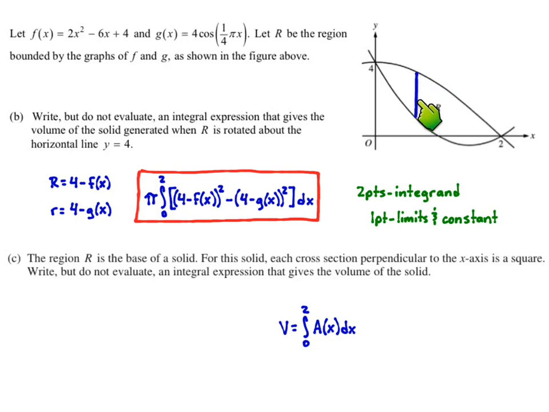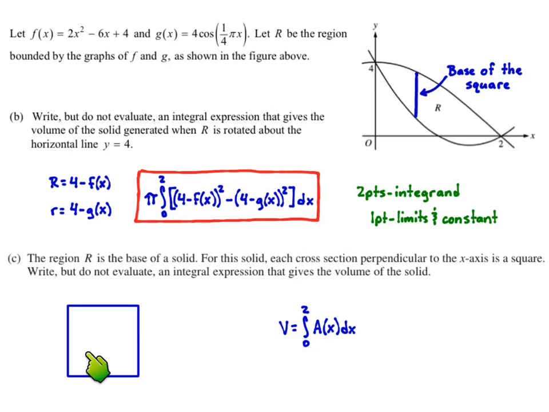Okay, so this length here of this cross section is actually the base of the square. So I'm going to go ahead and draw a square. Now this is the side view, this is the cross-sectional view, and this is the aerial view. So the length of this square, this distance from this point to this point, is the distance from this point to this point in the graph.